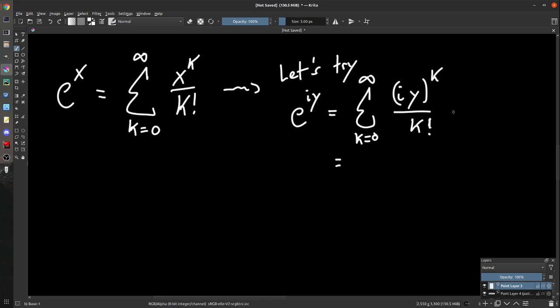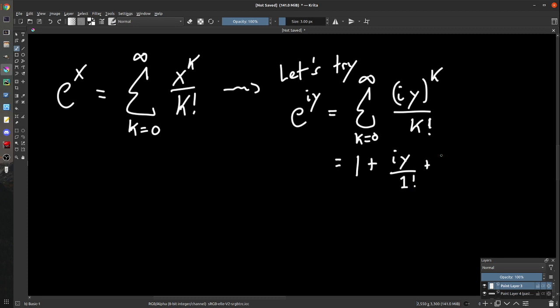But let's go through and let's actually try plugging things in, and I think you'll see that we get something very familiar and useful. So if we go on through and we start to do this, what we'll see is we'll get 1 because that's not going to change. We get iy over 1 factorial, which is still just 1, right?